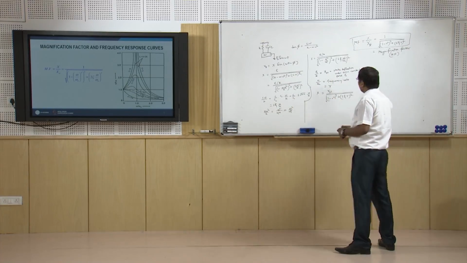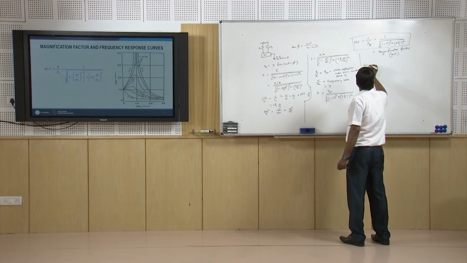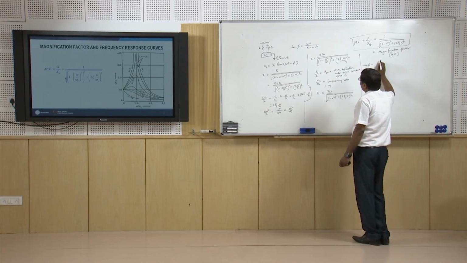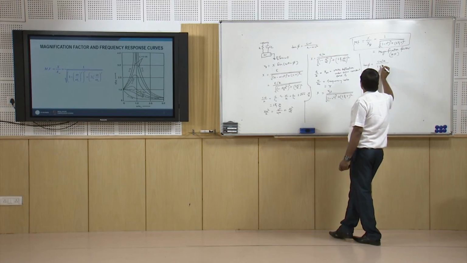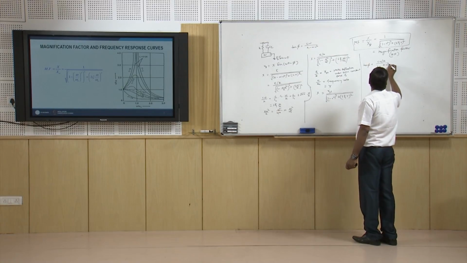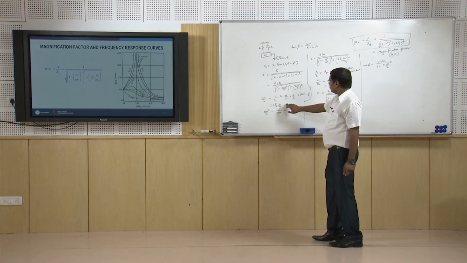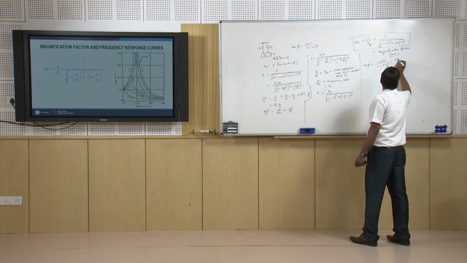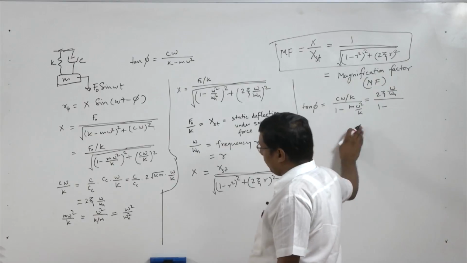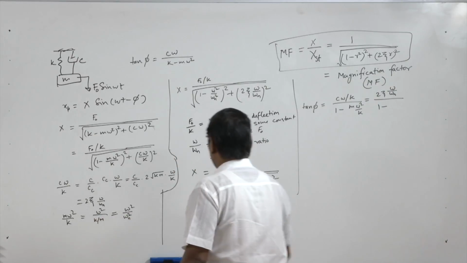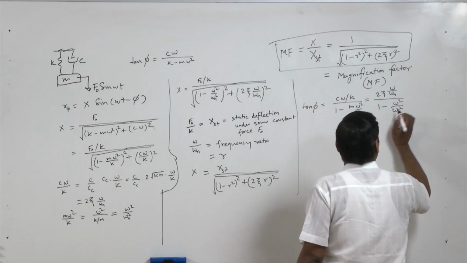Okay. Now what about this phase? So tan phi equal to c omega by k upon 1 minus m omega square by k. So c omega by k is 2 zeta omega by omega n, upon 1 minus m omega square by k, which is omega square by omega n square.